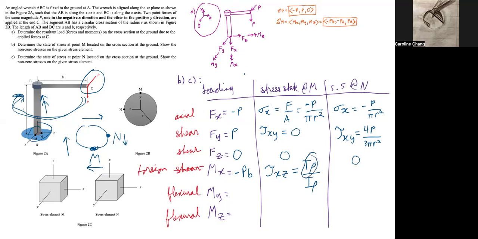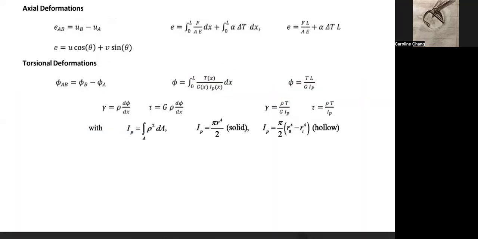And the rho will be simply the radius of the cross section, which is r. And the polar moment of inertia will be given by the polar moment of inertia for a solid shaft, which we can look up. So we can review a little bit. Our polar moment of inertia for a solid shaft is given by pi r to the power 4 over 2. So this is the one that we'll be using.